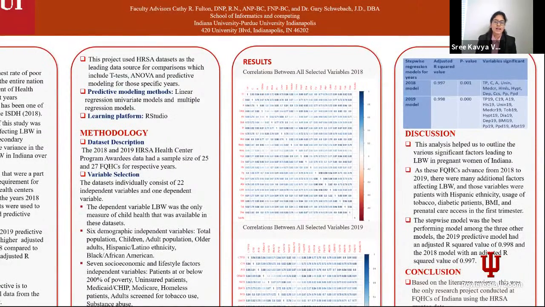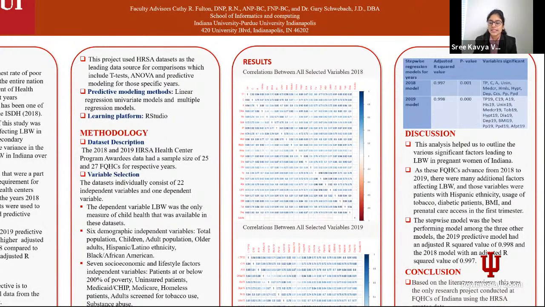After the correlation tests were performed, we performed t-tests and ANOVA to check the major differences in variance or means between these two data sets, and there were no significant differences observed.